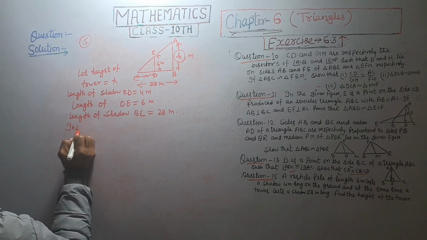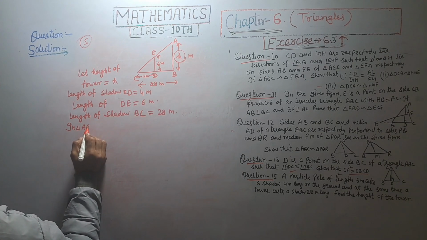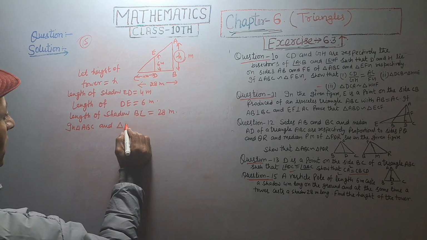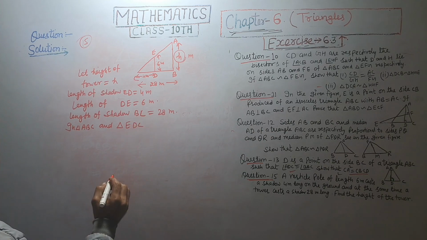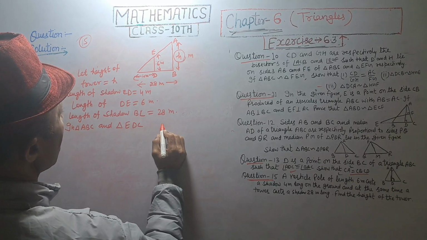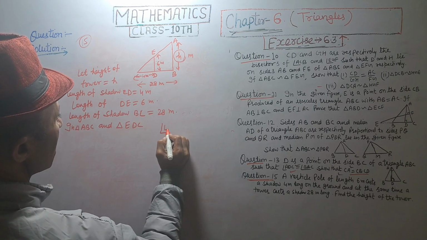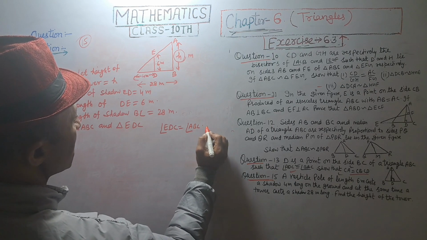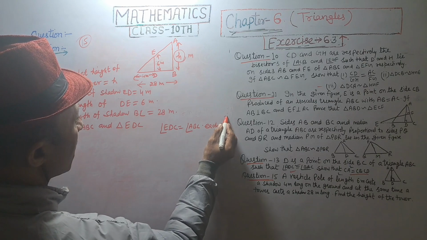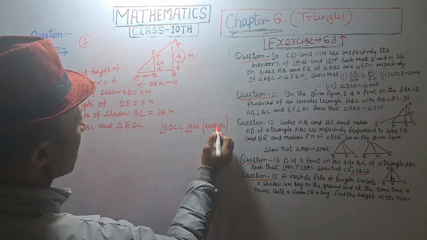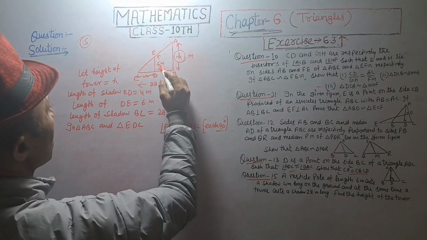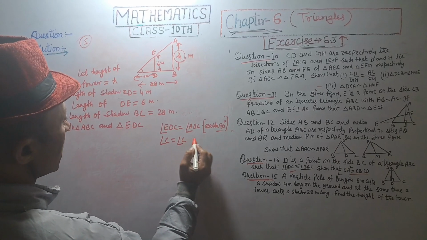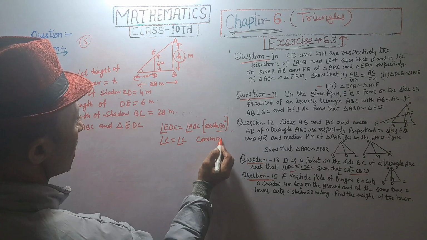In triangle ABC and triangle EDC, angle EDC is equal to angle ABC, each 90 degree. Angle C is equal to angle C, common.